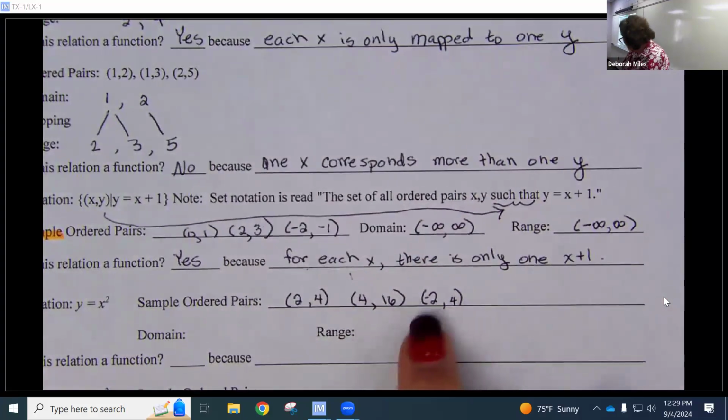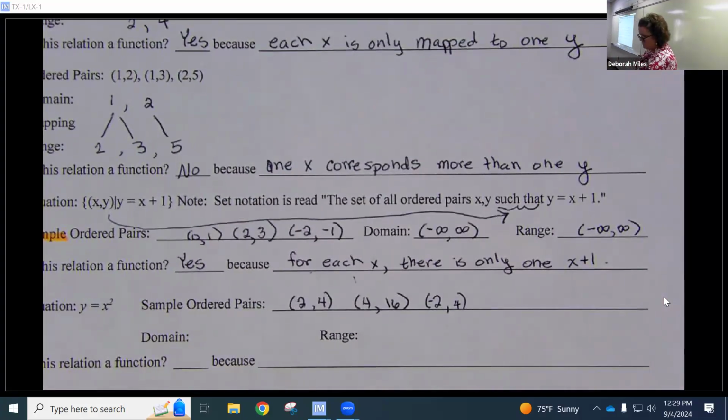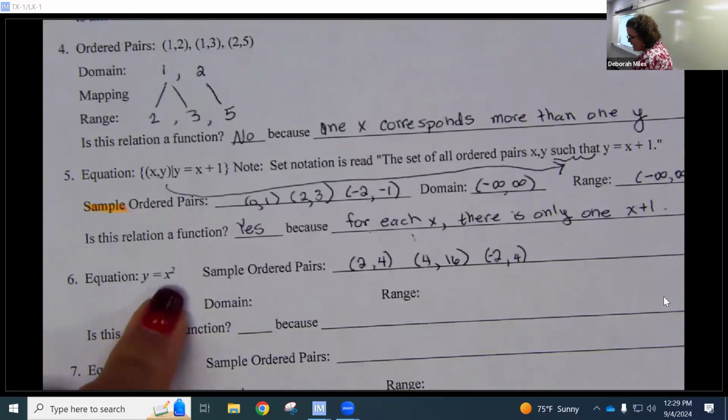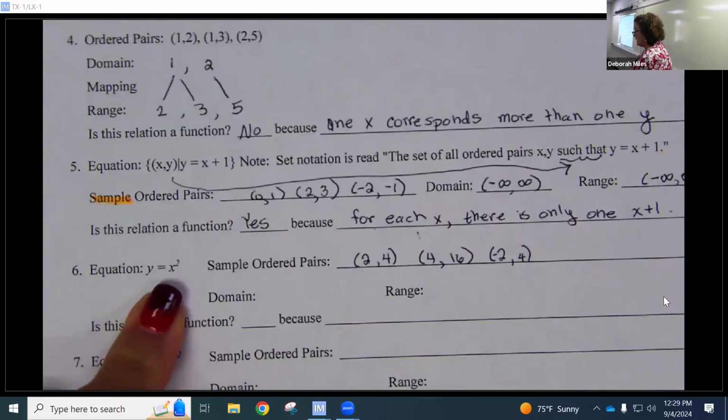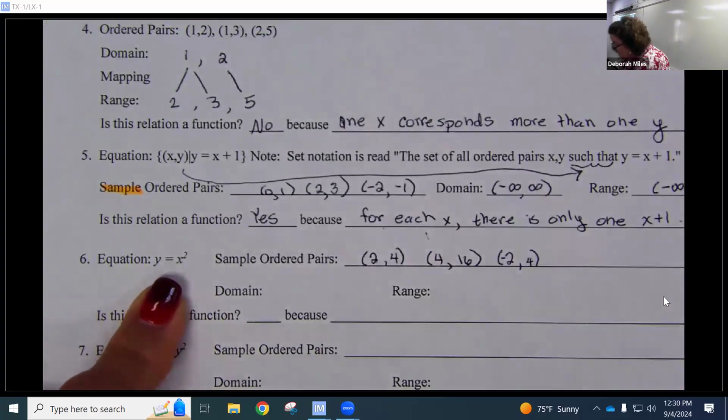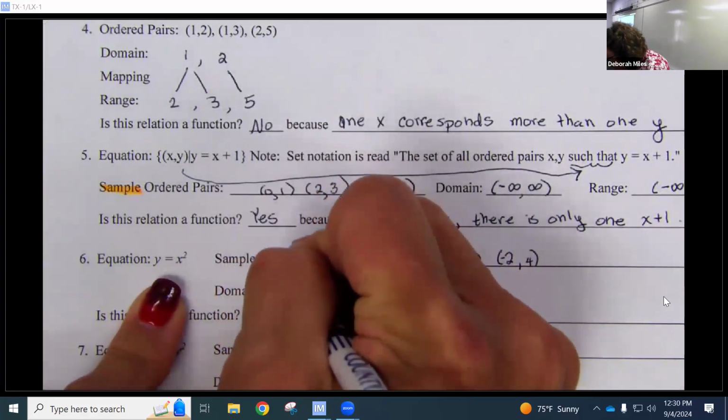Again, because the y is the square of the x. What about the domain of that relation? What kind of x's can I square? I can square anything in the whole wide world if you give me a calculator. The domain's negative infinity to infinity.